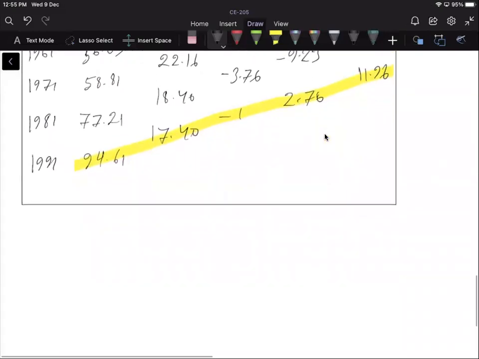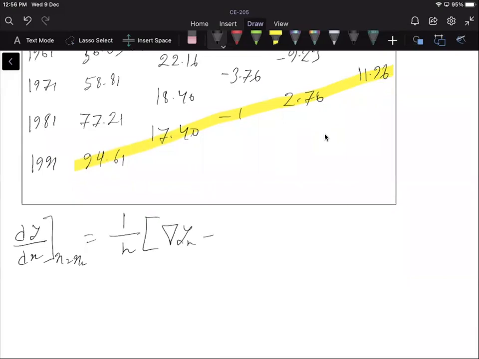We know that the first derivative of Newton's backward interpolation equation at x equal to xn is 1 by h times yn plus (2p plus 1) divided by 2 nabla squared yn, after simplification. I am writing the equation after simplification.